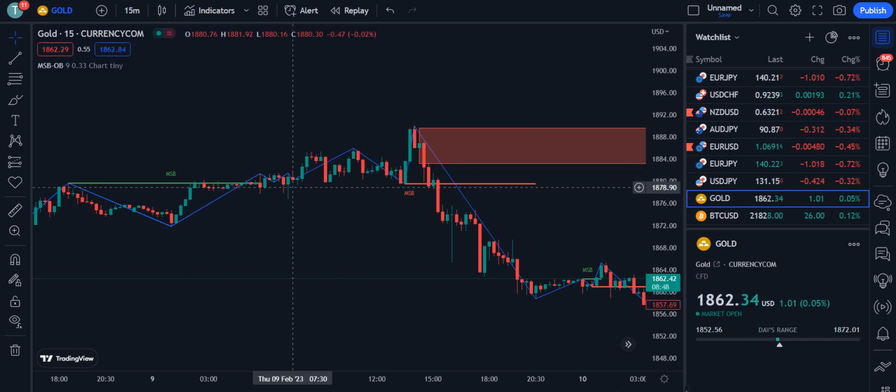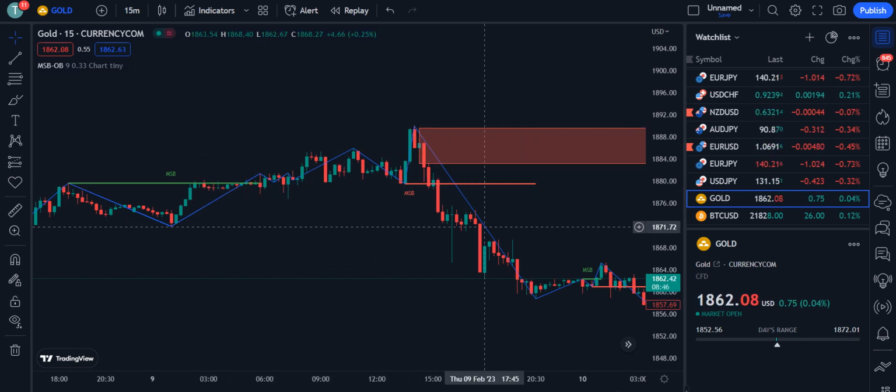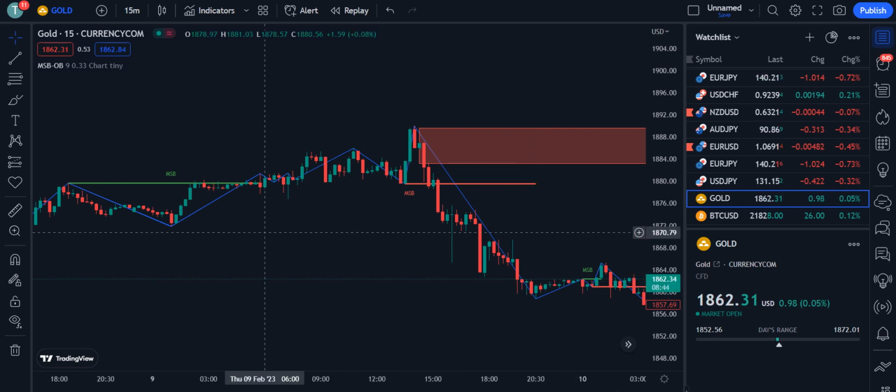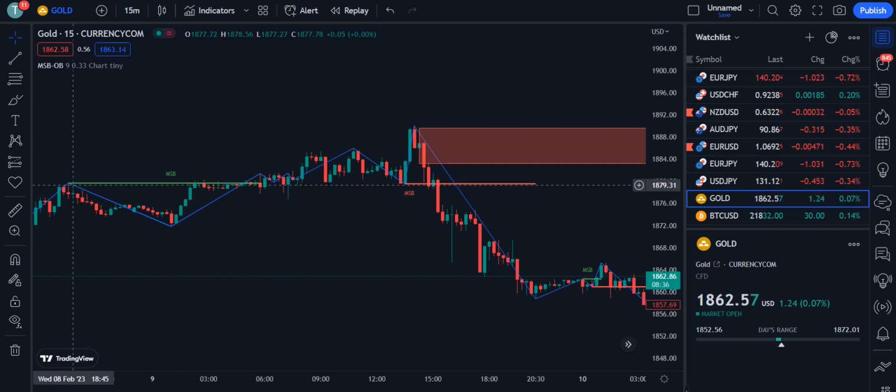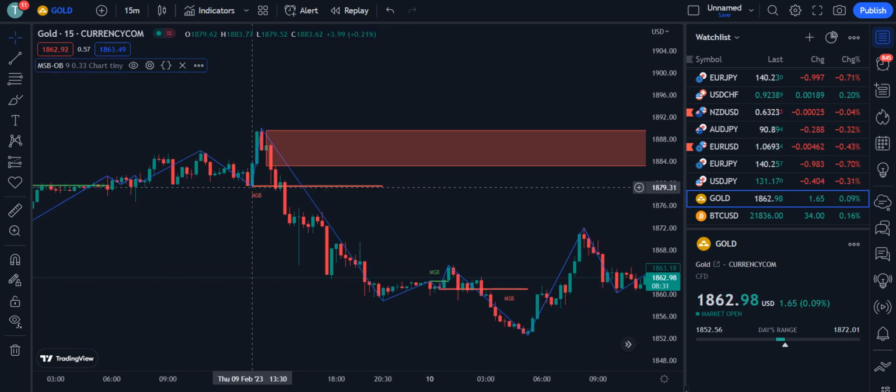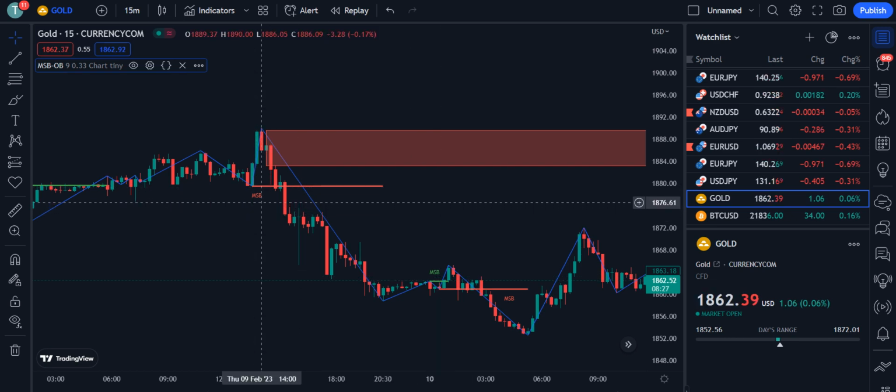These zigzag lines show us the higher highs or lower lows. The green bullish market structure break line will always be made over the recent higher highs, and the red line will always be formed when we have recent lower lows.